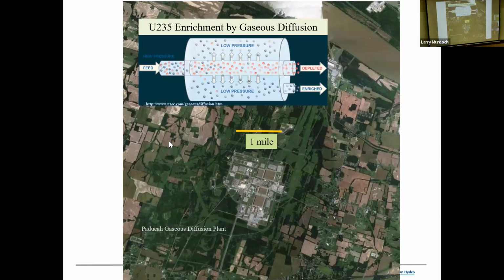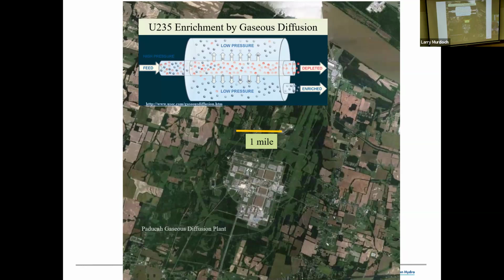What they mean by that is they would take uranium and put it into a gaseous phase, and then they had a process where they would put it down this tube and it would diffuse out, and they would enrich the uranium for fuel, and also this is how they would make uranium enrichment for weapons. So this was done there. It's an industrial place, but that's kind of an unusual industry to be involved in.